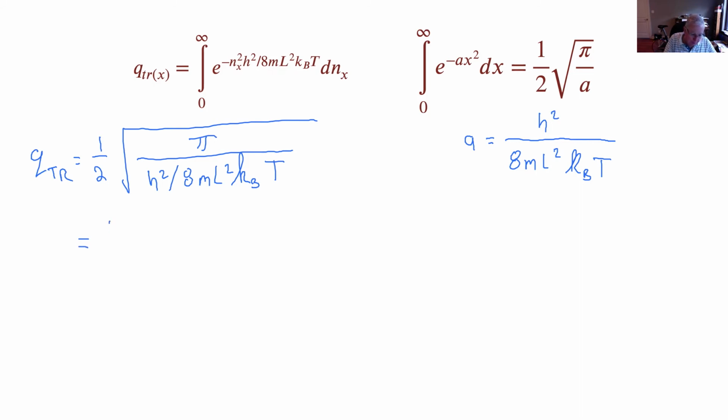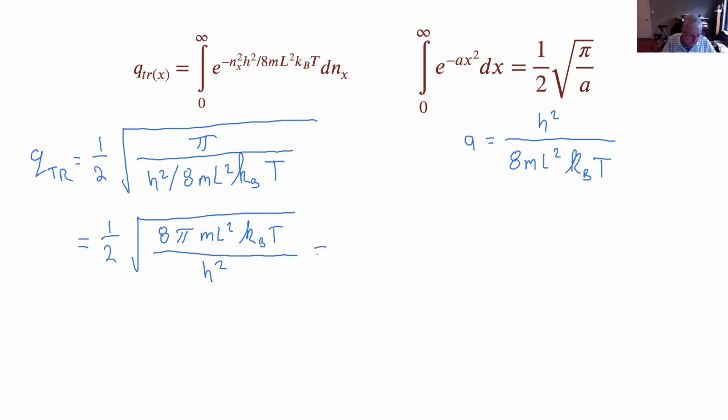When I do that, my next one will just say I've got 1/2 times the square root of 8 pi mL squared kT all over h squared, because that's the only thing left down there.